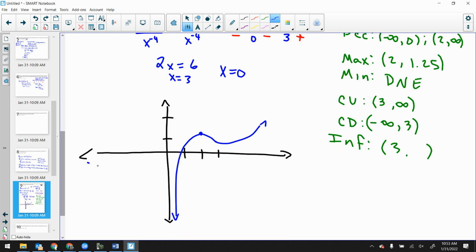So it's always going to be going downward here. And it's also concave downward because it's negative infinity to 3. Every point from negative infinity to 3 is concave downward. So there's our graph. I agree, that one was a nasty one.